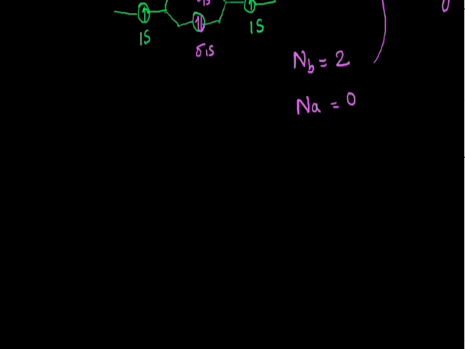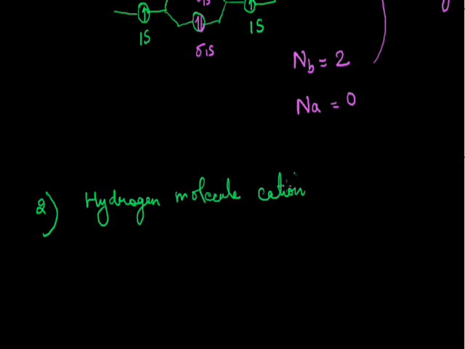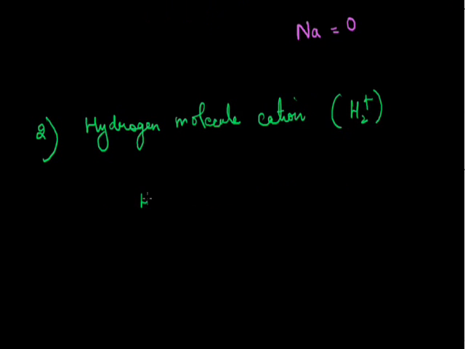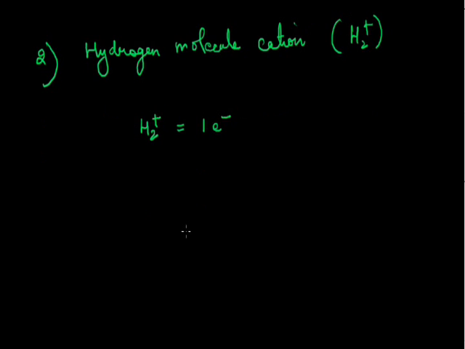Second, we'll see the example for the hydrogen molecule cation, that is H2 plus. The number of electrons in H2 plus is equal to 1. Again, if we draw the diagram for it, the diagram would be the same as before, but the number of electrons in the bonding and anti-bonding molecular orbitals will vary this time.